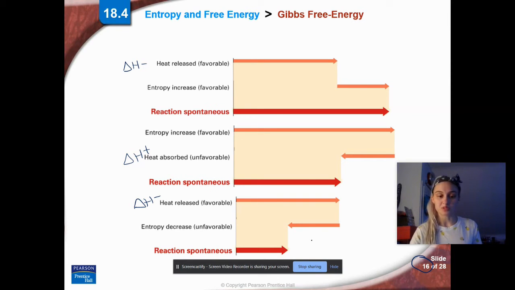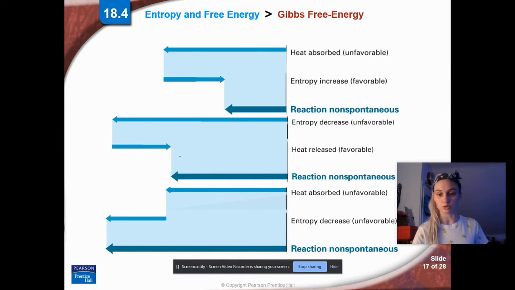It's still spontaneous because of how far these arrows go over. If we have two unfavorable things, or the favorable factor is not enough to overcome the unfavorable factor, then we will have a non-spontaneous reaction. And that's what slide 17 is going to show us.